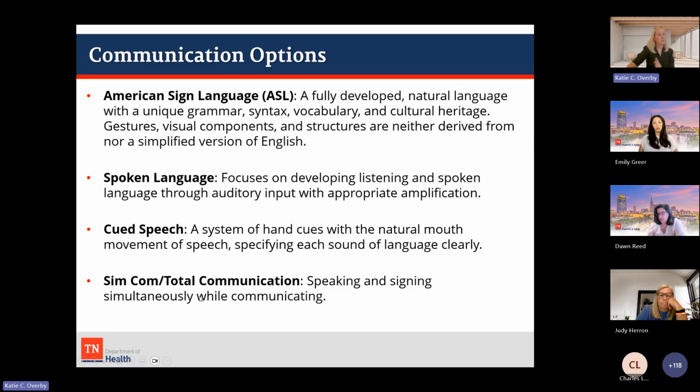And then SIMCOM and total communication, it means the same thing in some ways, and it doesn't mean the same thing in other ways, clear as mud. SIMCOM would be speaking and signing simultaneously. And then total communication can also mean speaking and signing.